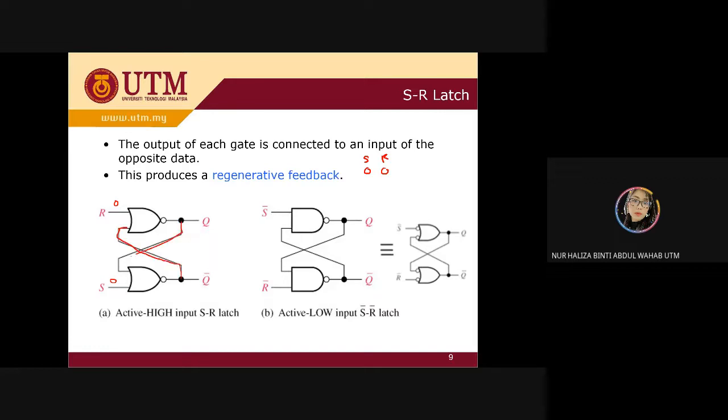Let's say our output for the first time under Q bar is 1. So it will affect here as 1. Then you're going to have 0. So 0 will be here. 0 and 0, you're going to have 1 for the Q bar. It will continue later on depending on the input.